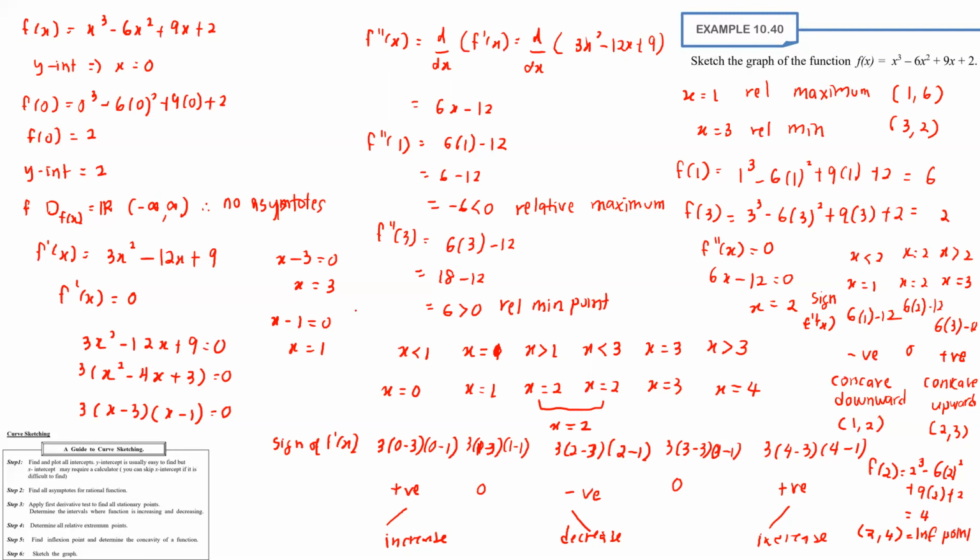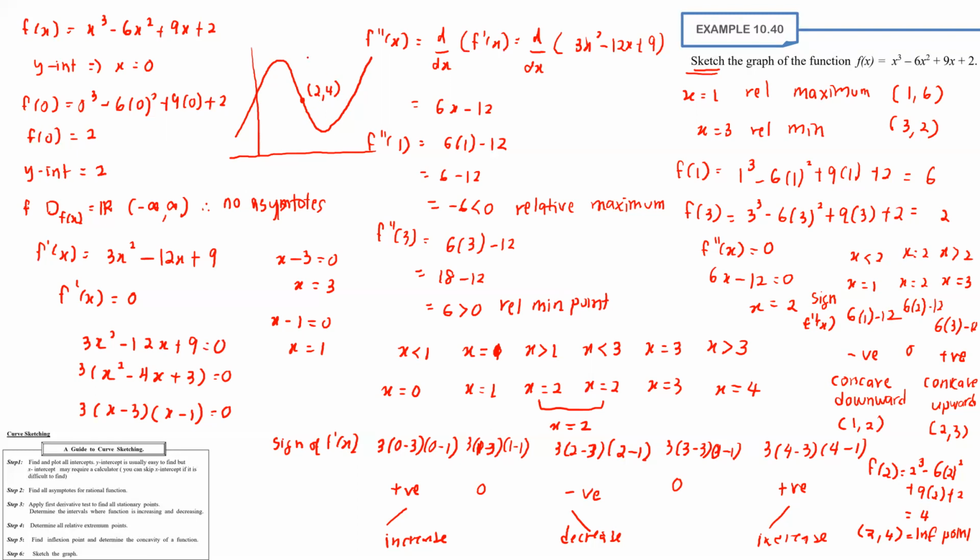We already found the stationary points, so we want to sketch the graph. Since we already found the inflection and stationary points, we know that our graph looks like this. This one is 2, 4, which is the inflection point where the curve changes from concave downward to concave upward.